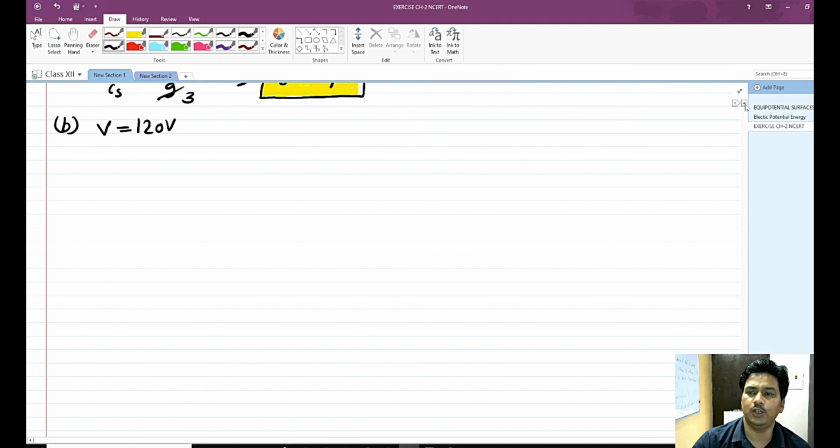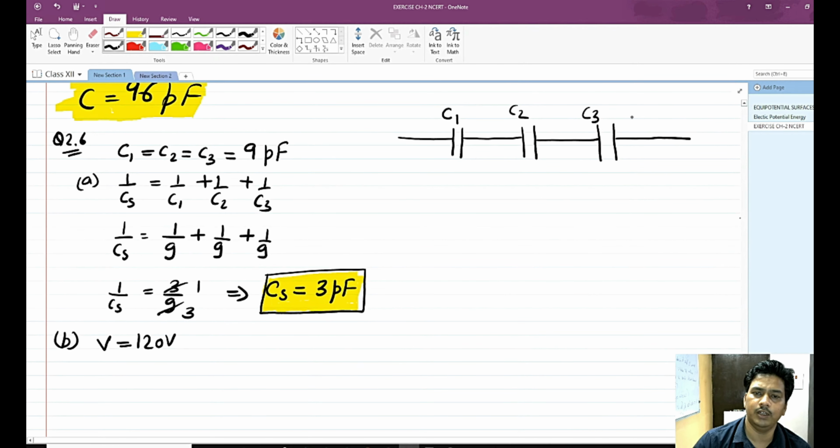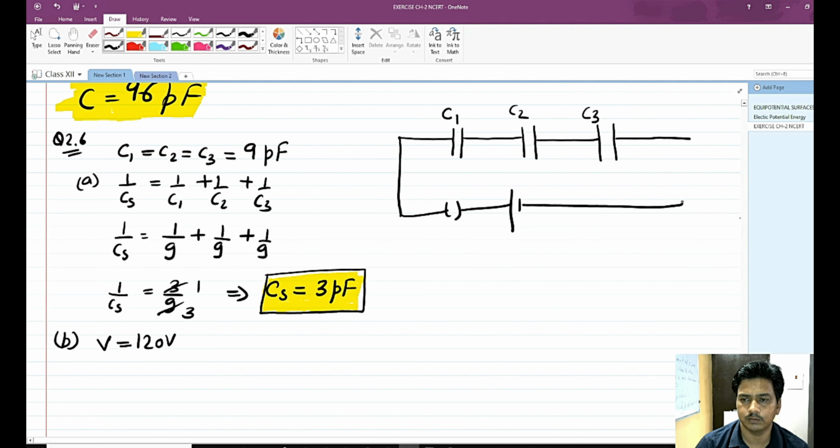If we connect the given arrangement to a source of 120 volt supply, then what is the potential difference across each capacitor?